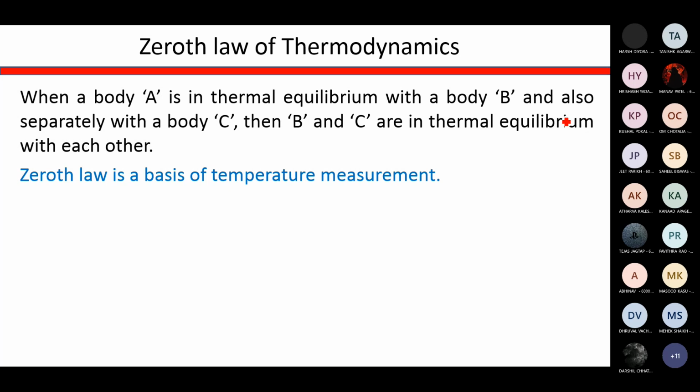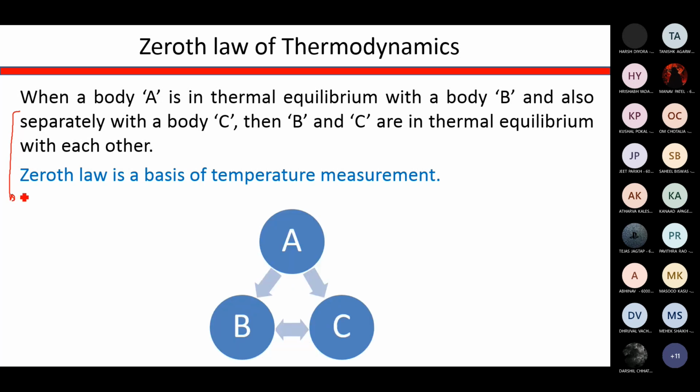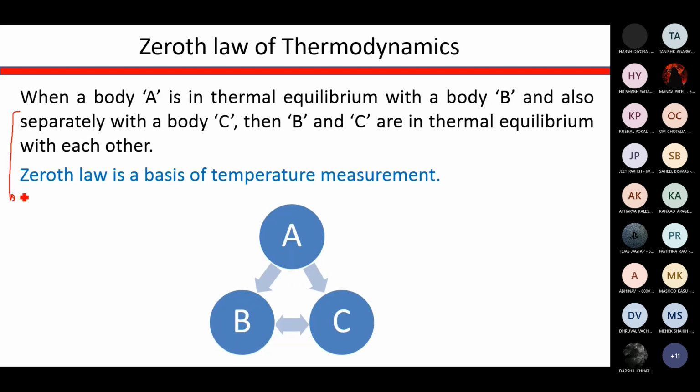So you should note down that zeroth law is the basis of temperature measurement. Now the schematic representation of zeroth law is given on the screen. So try to connect that statement to this diagram.